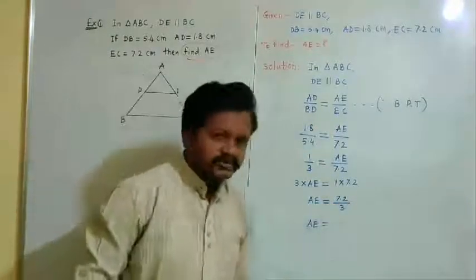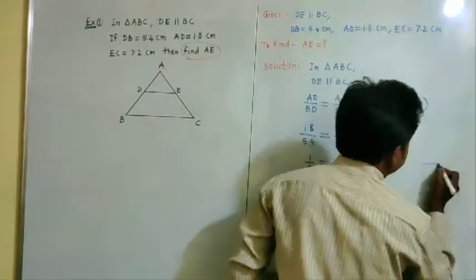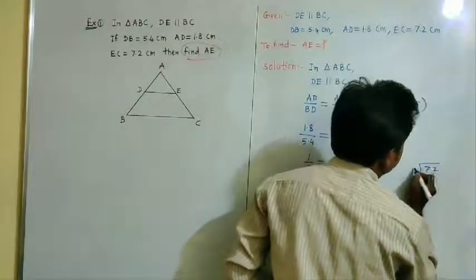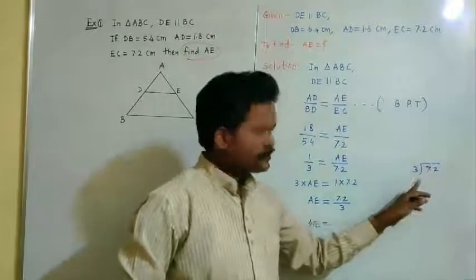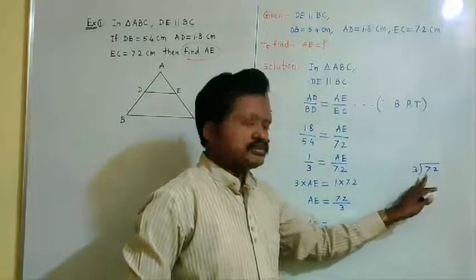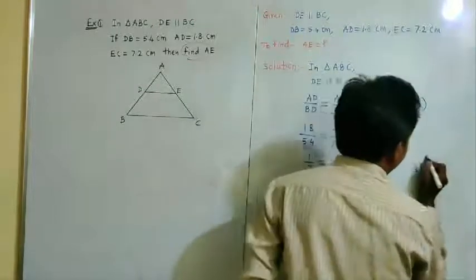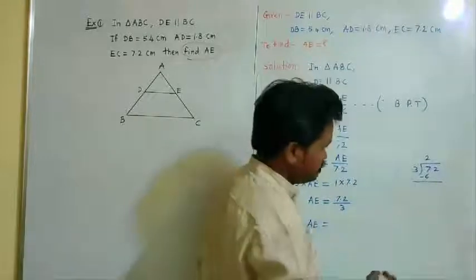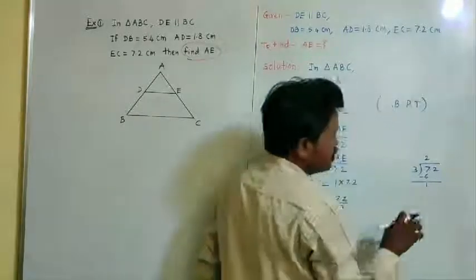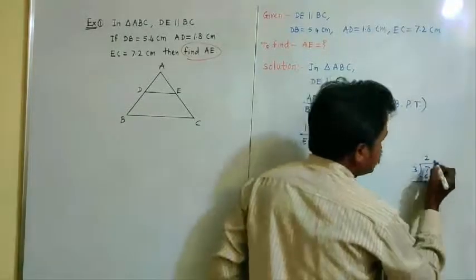So how does it divide? Look here, simple division of 7.2. 3 ones 3. You divide here 7: 3 twos 6. So 7 minus 6 is 1. After 7 there is a decimal point, so I write the point here.